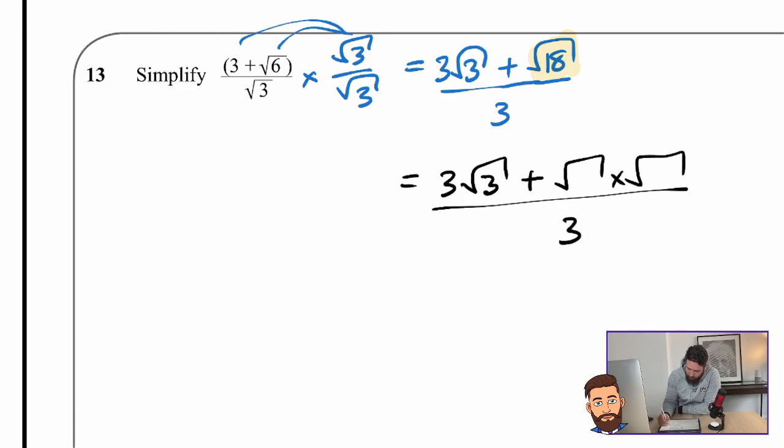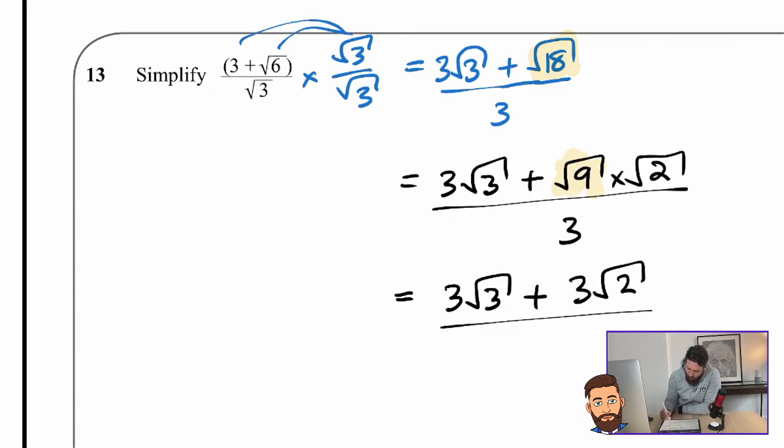We can break 18 into 9 and 2. So that gives me 3 root 3 plus the square root of 9, we know, remember, is 3, root 2, all over 3. Root 3 and root 2 cannot be put together because they are different surds.